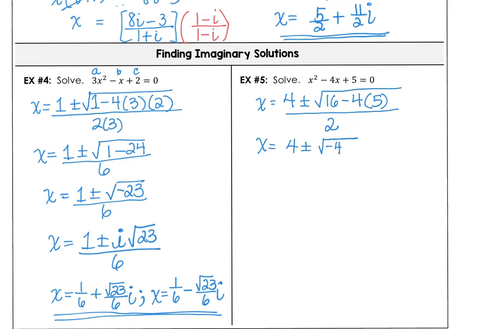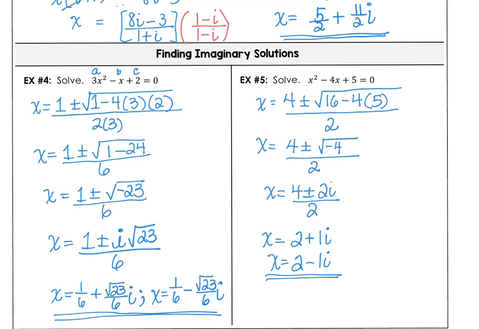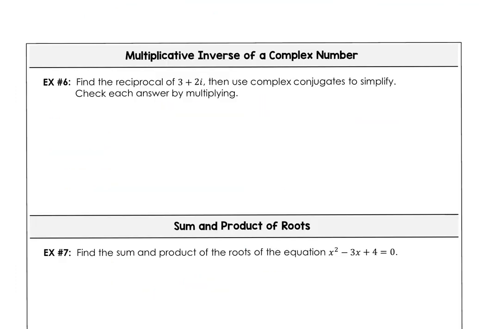That becomes negative 4 over 2. And then simplifying further, we know the square root of negative 4 is 2i. And breaking that apart, we have x is 4 divided by 2 plus 2 divided by 2 i. So we have 2 plus i, and we also have 2 minus i. So 2 solutions in the complex numbers.